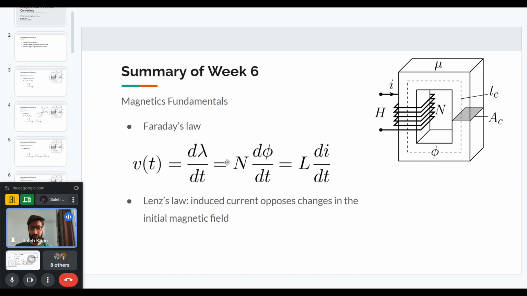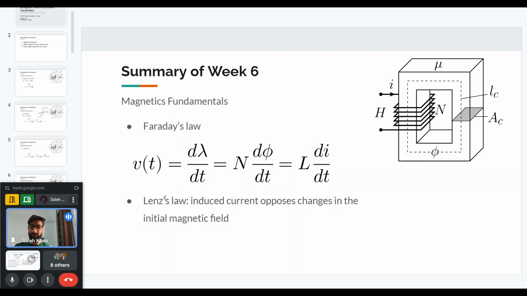We can write it in different ways. We can write it as n times the change in the flux, or we can write it as L times the change in the current, from the equations that we saw previously.